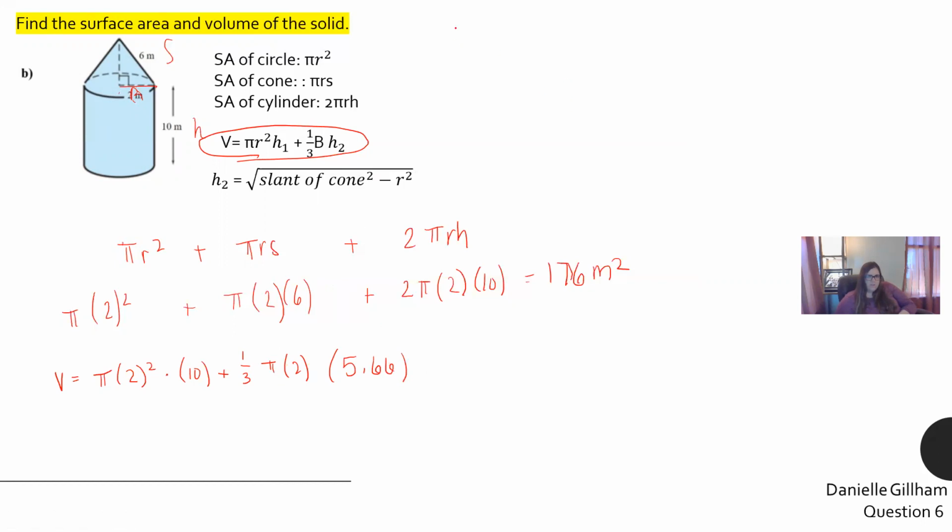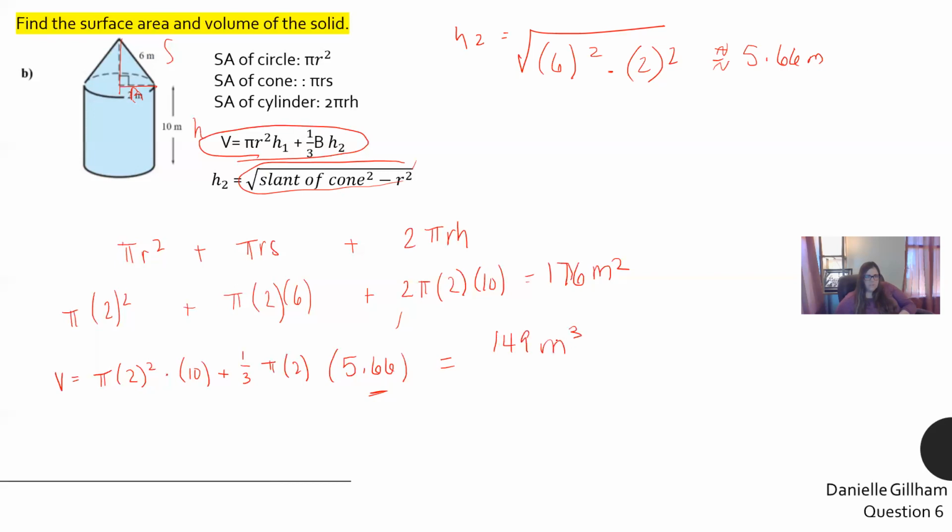And how do we find that? The height of the cone right here, because we know the slant, is slant of the cone squared minus radius squared. And that's going to be about 5.66 meters. So that's how we found this right here. So once we plug all that in, it's going to be 149 meters cubed is going to be our volume.